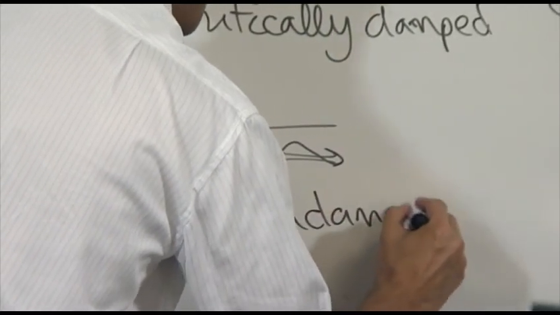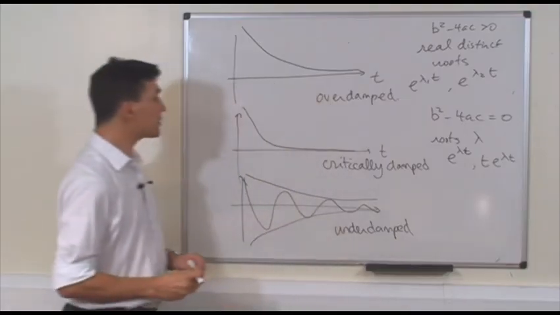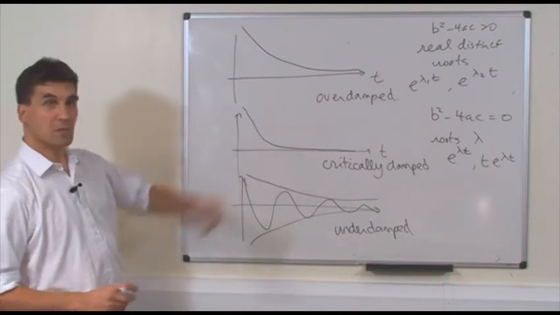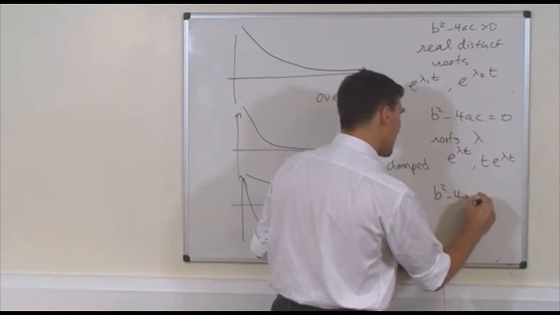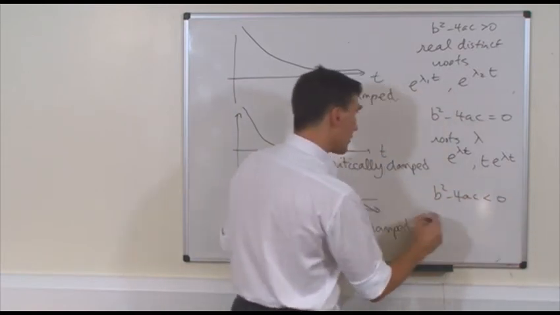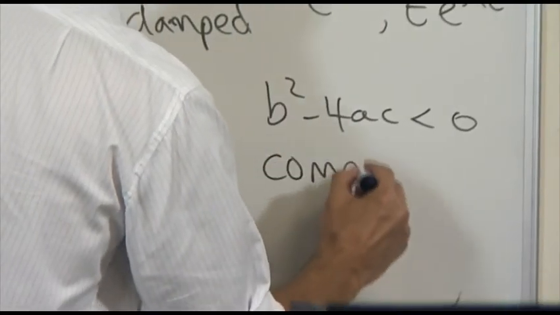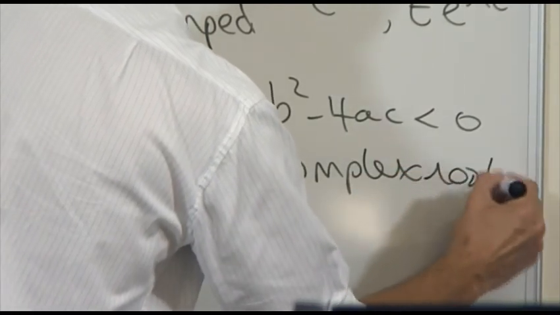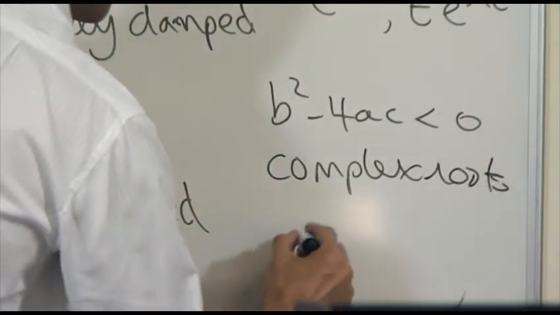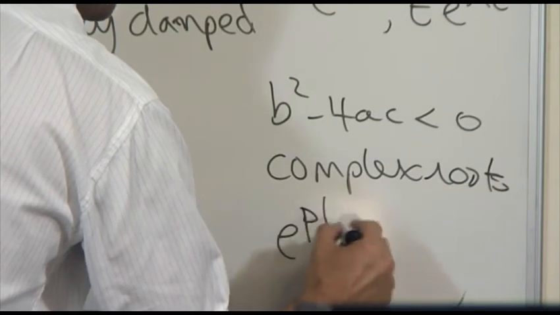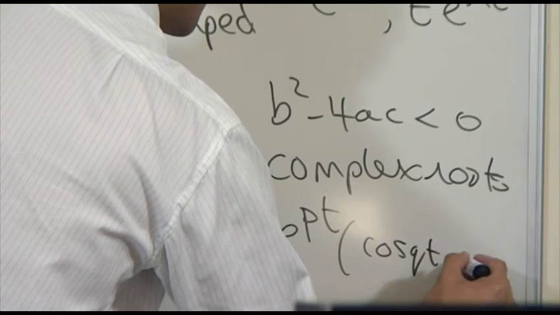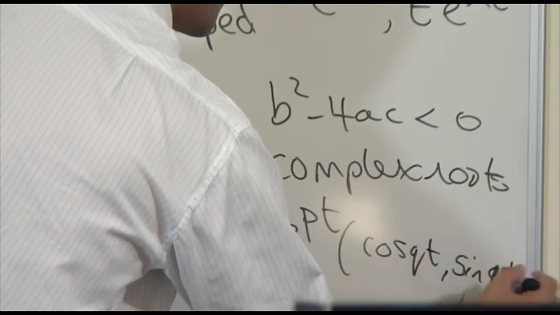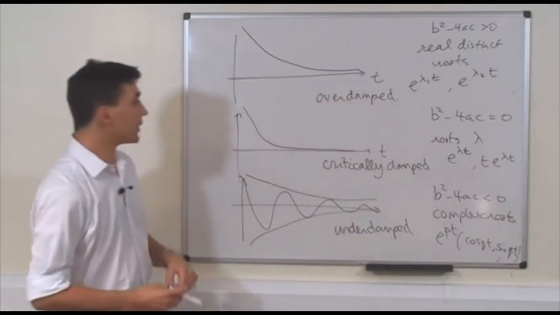If your concern is to design a shock absorber, then chances are you want to aim for something like this. This is the case where b squared minus 4ac is negative. So we have complex roots, which would look like e to the pt with cosine qt and sine qt.